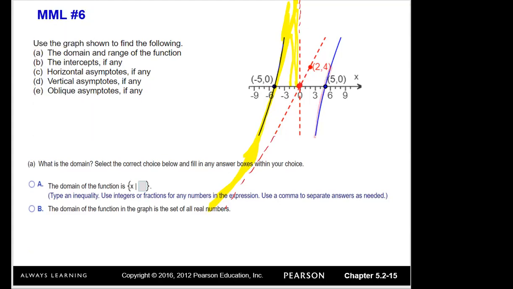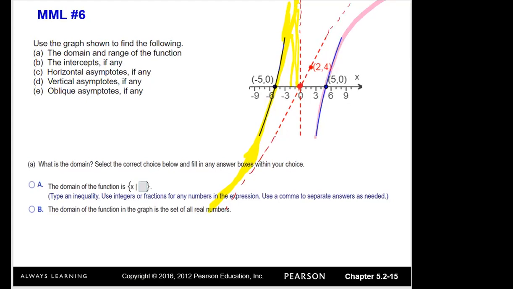Over here, it's moving away from this dotted line. But on the other side, or down at the bottom for this dotted line, it gets closer and closer to it from the other side. So it's like on the left, you're getting close to the 0, and on the right, you're getting close to the 0. But from both of those sides, you never cross that 0. So in this little box right here, you have to type x, not allowed to be 0.